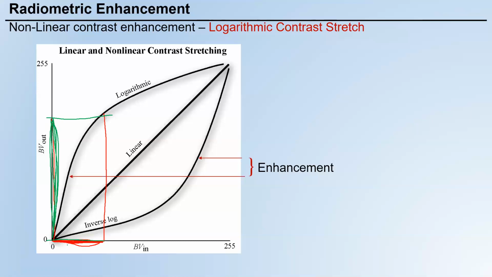How about the second half of the logarithmic contrast stretch? Compression, because if you do something like this, you find the input range and output range for the rest of the pixels in this image. The second half of the logarithmic function actually compresses them.